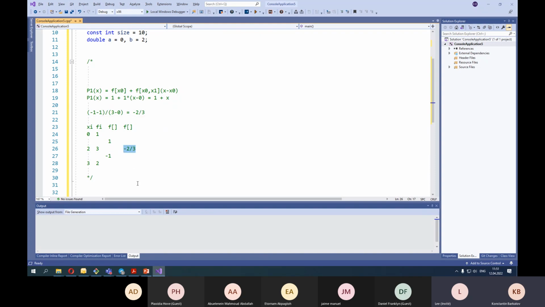Well, if we find this value, now we can write a polynomial of degree 2. How to do it? P2 of x, polynomial of degree 2, equals... First, let me write the general formula. Again, I repeat that this formula differs from the previous formula just in the last term.